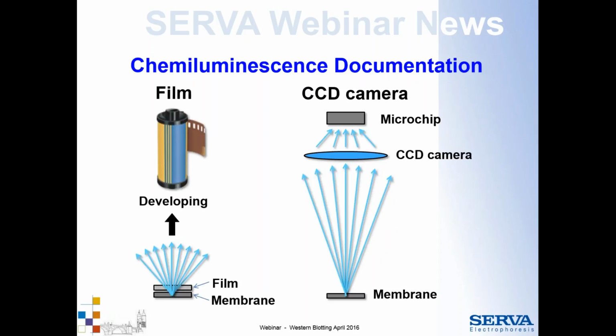After the incubation with the substrate, it is necessary to do a documentation step. This can be either done by a film, where you will get a black band as a positive signal. The film is directly placed upon the membrane, only separated by some plastic film to avoid the film getting moistened with the substrate solution.